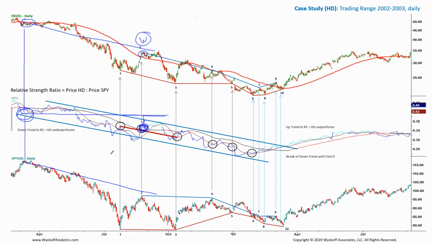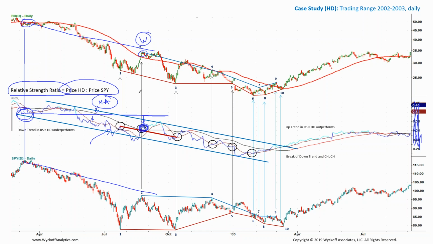And we could see this also from the relative strength ratio line, the way the line unfolds. It's this blue line. The two other lines, the brown and black, are moving averages. Why are we using moving averages here? Well, because moving averages are trend following tools, and basically price divided by price is not necessarily creating the price, but it's based on the price.